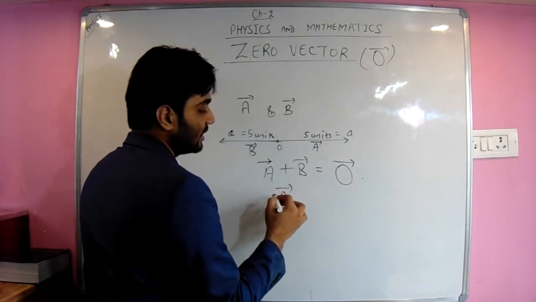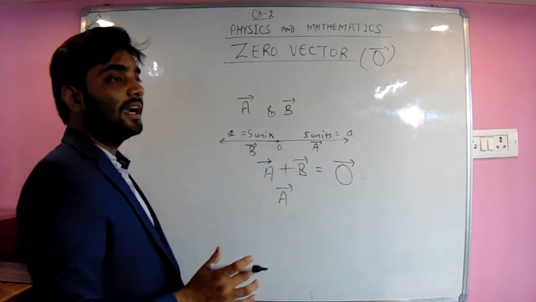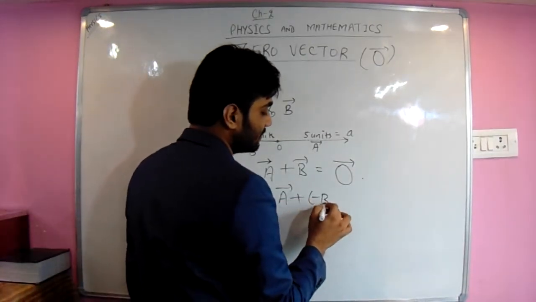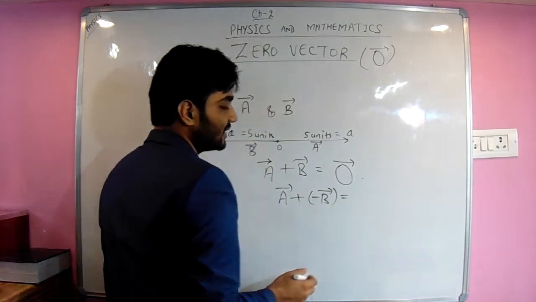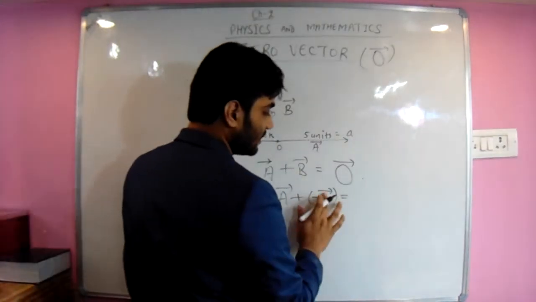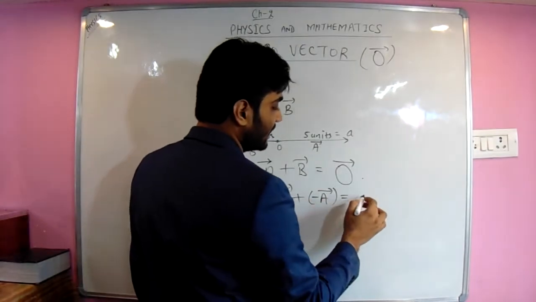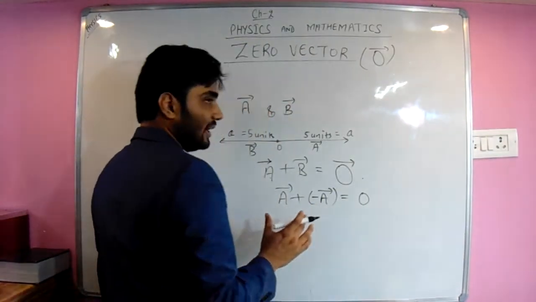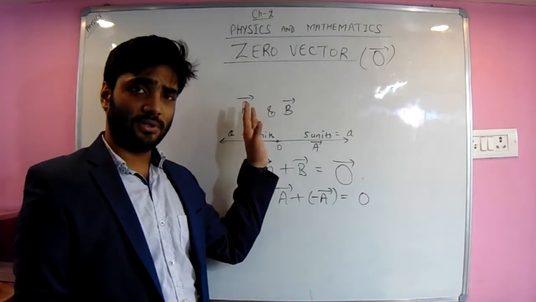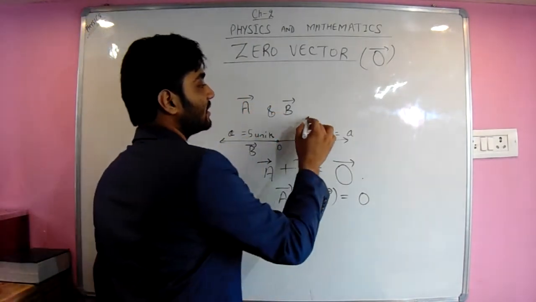It is given that A vector plus minus B vector is equal to minus A vector.